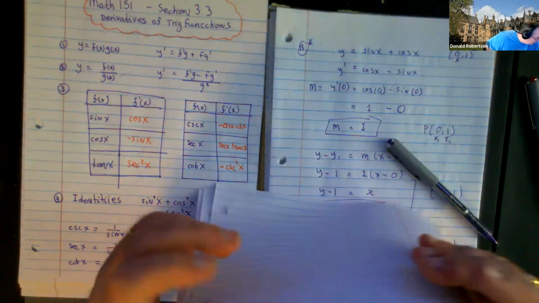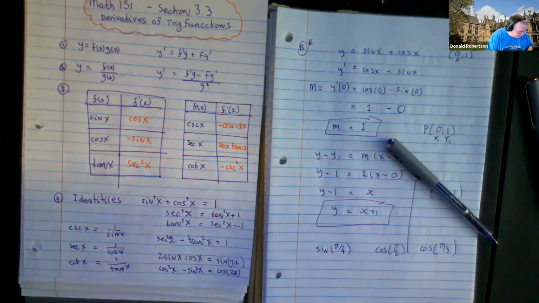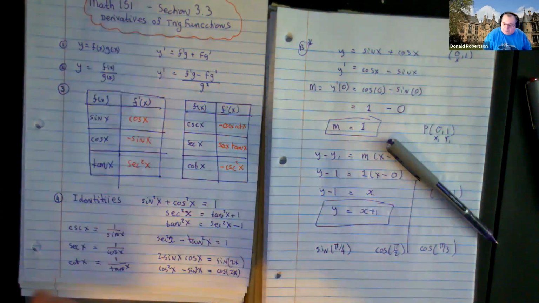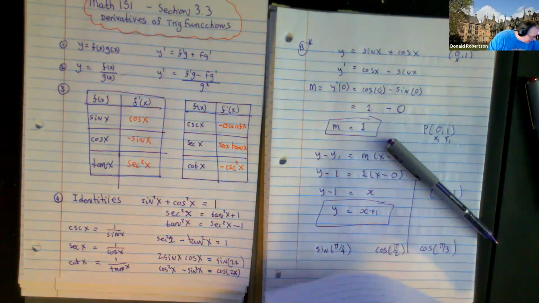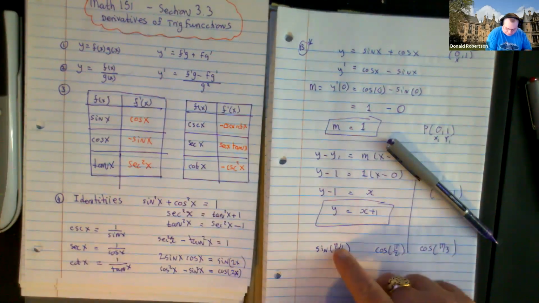How do you find the exact value of sine of things like pi upon 4 or cosine of pi upon 2? How do you find the exact value? You can't go to your calculator. All you'll get out of that is 0.707.